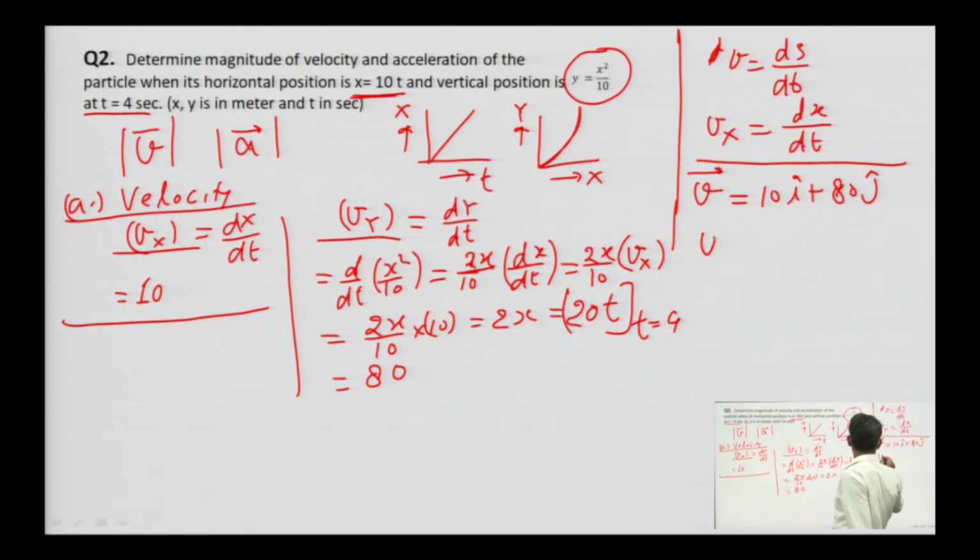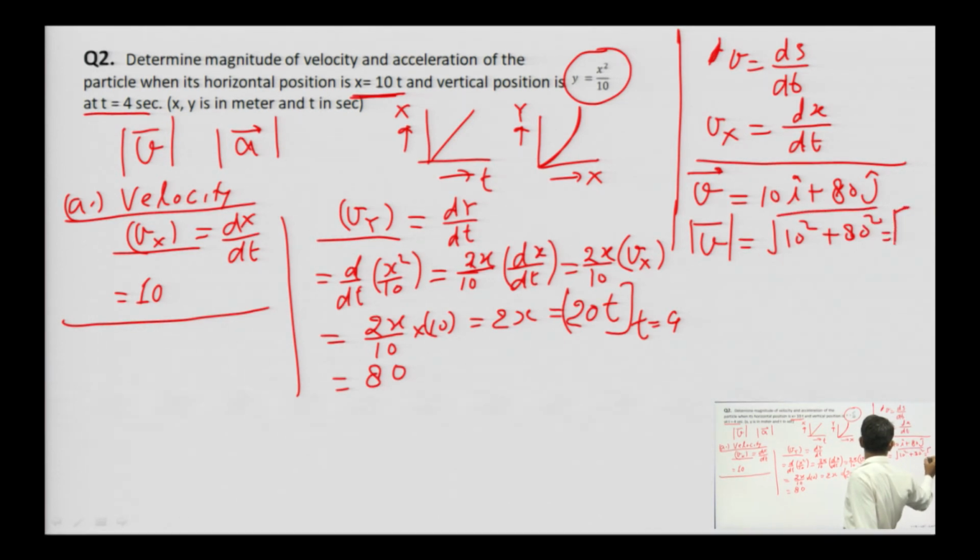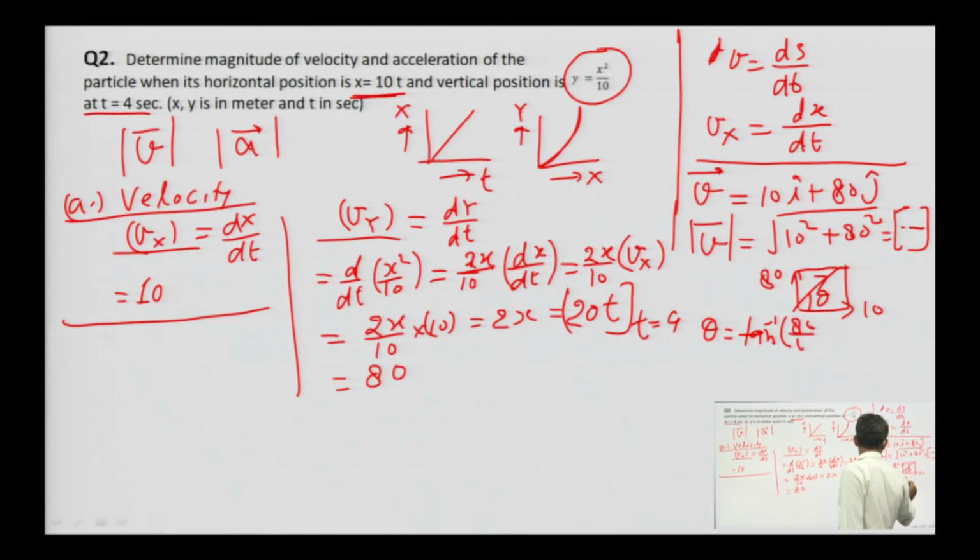If magnitude is required, then take 10 square plus 80 square and solve. The x component is 10, the y component is 80, and the resultant is this. Suppose this angle is theta. What will be the angle theta? Theta will be tan inverse of 80 by 10. Find the value.